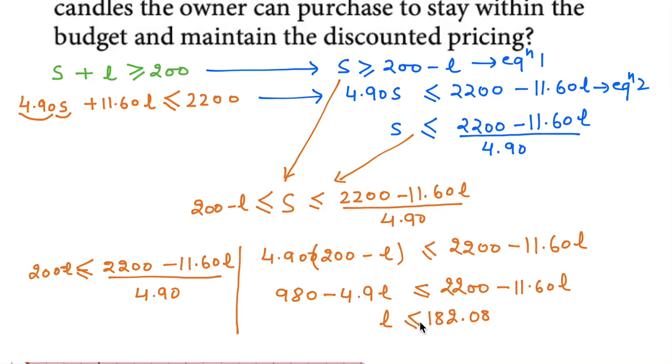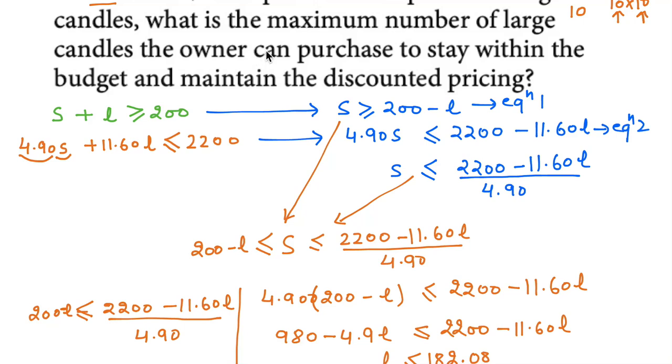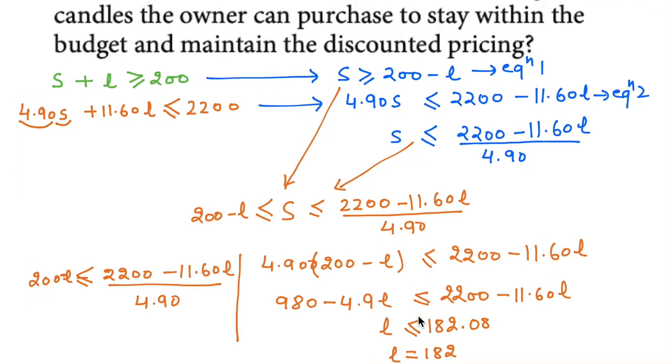Now a candle count is going to be an integer, so that means L is equal to 182. This is what is asked in our question: what is the maximum number of large candles? So the maximum number of large candles is 182, because otherwise L can be less than this. That is the method using algebra, or solving compound inequalities.